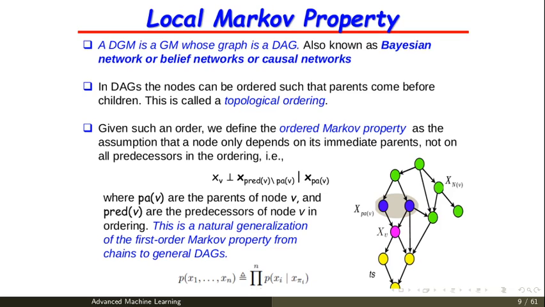What we had was this complicated factorization from the product rule. Here we have only the parents, the children, the co-parents and the non-descendants. Everything else was coming in there, but because of these independence relations, the only factor is given by xi given its parents, the parents of node i.